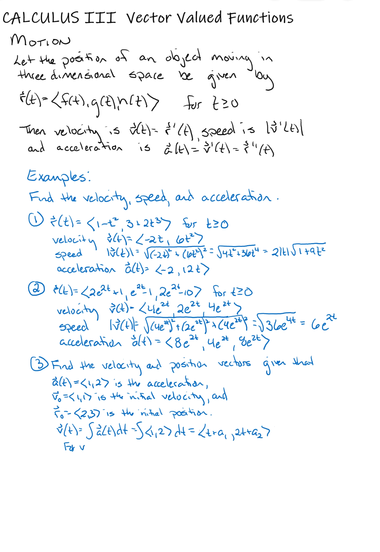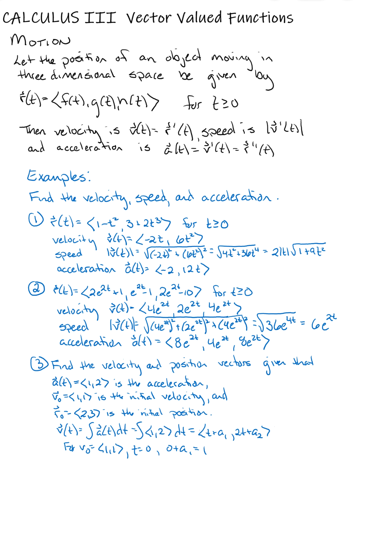if we're looking at our initial velocity, 1, 1, we know that our t value is 0. And so that gives us 0 plus a1 is equal to our first component, 1. So a1 is equal to 1.